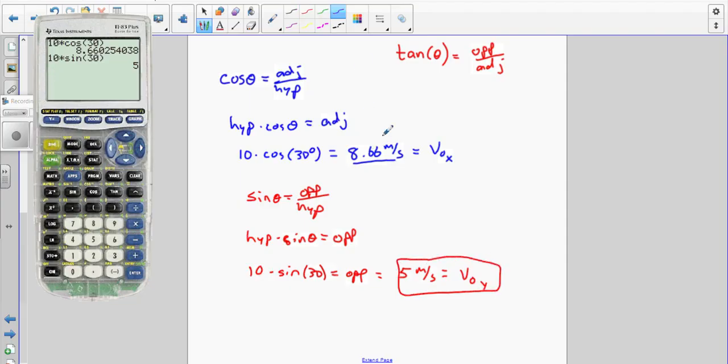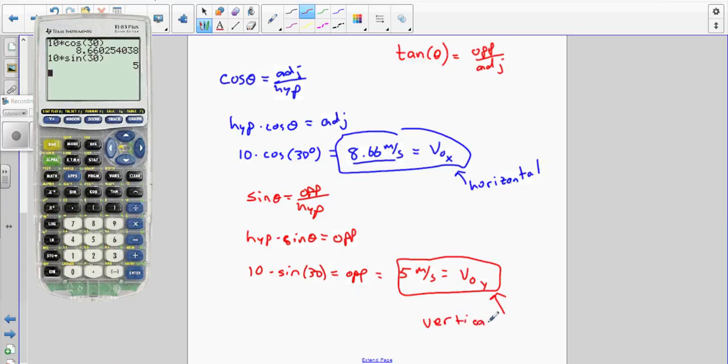So what I have now are the components of the two-dimensional velocity. I could use my kinematic equations in the horizontal direction using this initial velocity and an acceleration of 0. And then I could use this initial vertical velocity in the vertical direction with an acceleration of -10. And I could do my kinematic equations separately.